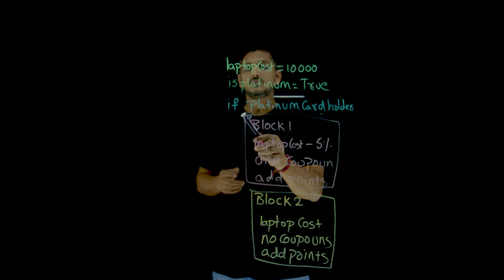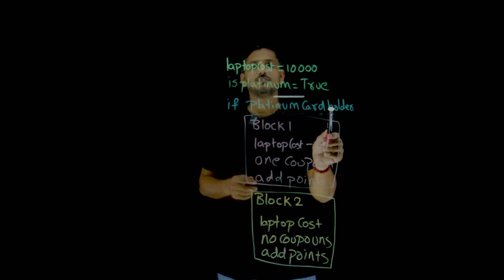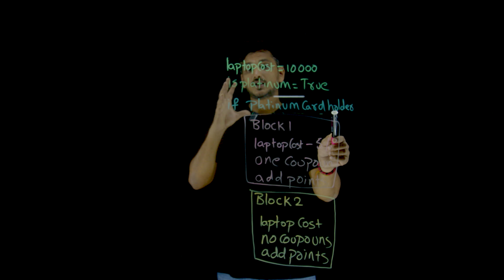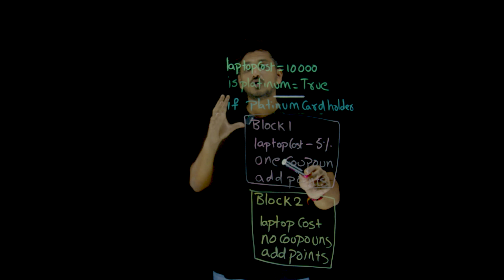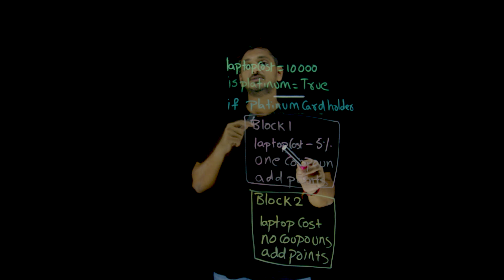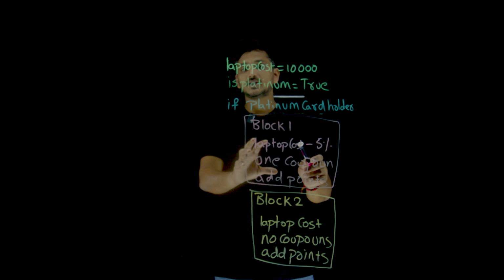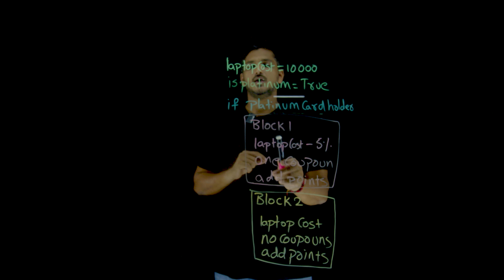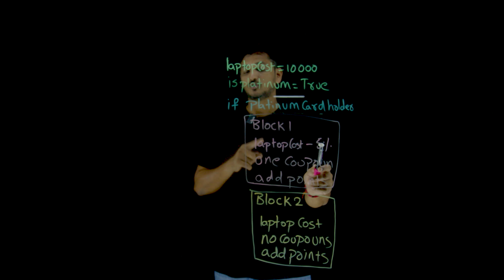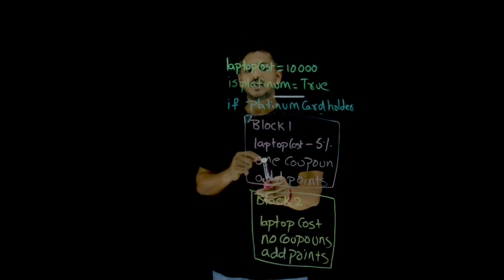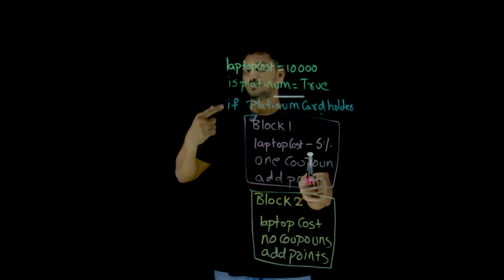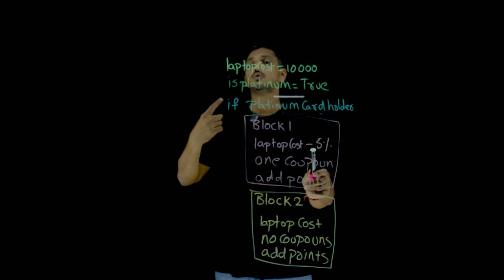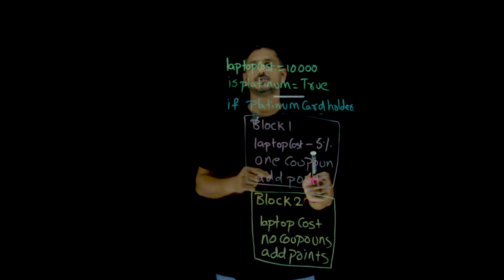Now, if he is a platinum card holder, what happens? This block of code has to be executed, because this logic is especially for platinum card holders. Block 1: laptop cost minus 5%, you have to provide the discount. And one coupon: for each platinum card holder, you have to generate a coupon for each purchase.